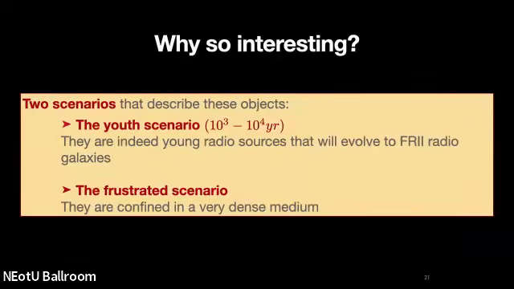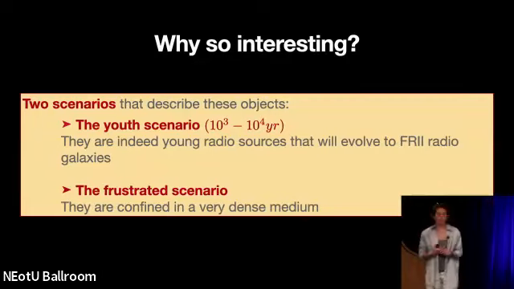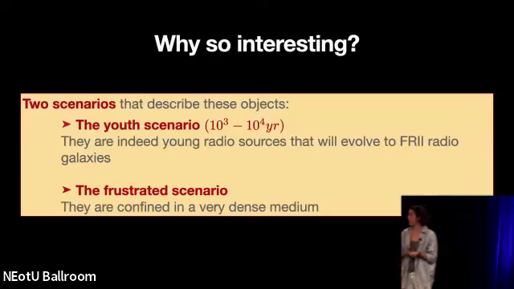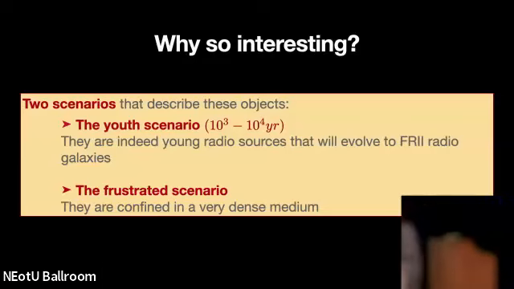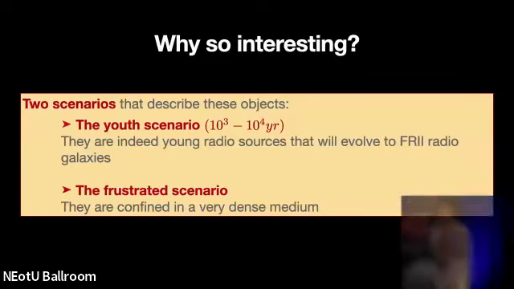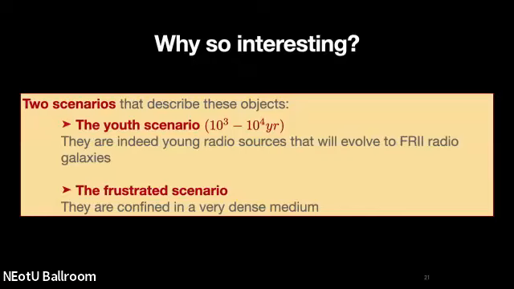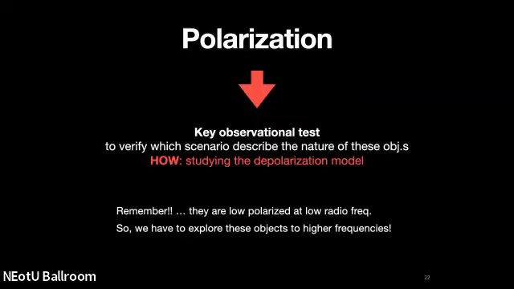The interesting thing is that the nature of compact symmetric objects is still not clear, whether they are young radio sources or they are frustrated in a dense medium. So polarization can help; it is a key tool to understand the nature of these objects.